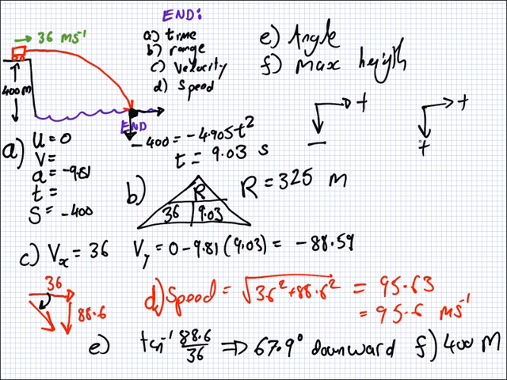It's your choice, as long as you're consistent throughout the question. So which one would you prefer? Down is positive? That's fine. You just need to make sure every time you're talking about downward you use positive.